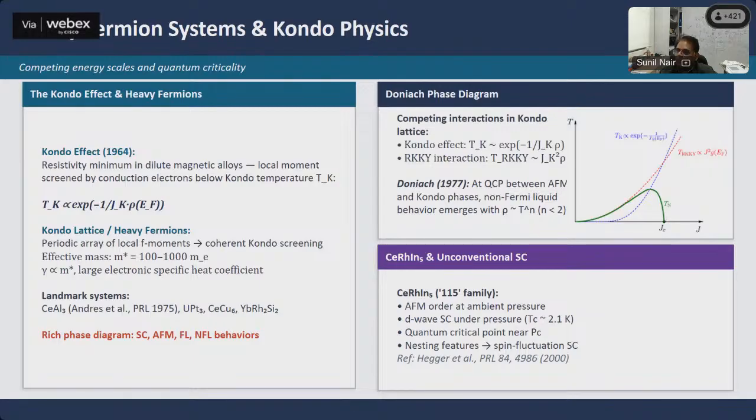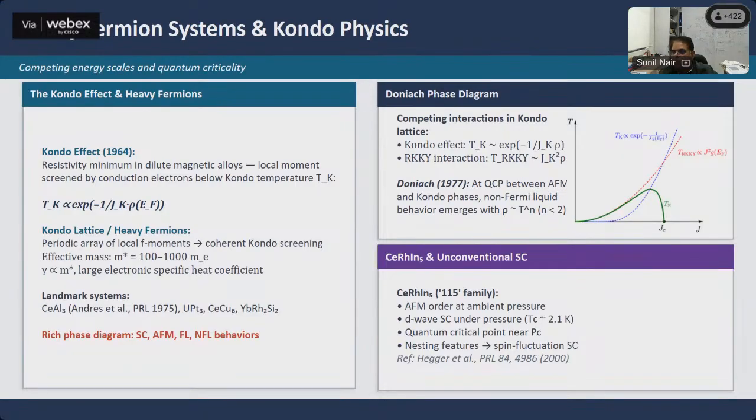Now, what I've told you so far is the basic Hubbard model and the emergence of Mottness, and how electron correlations can give rise to insulating ground states. Now let us move to a slightly different area, which is intermetallic metals.